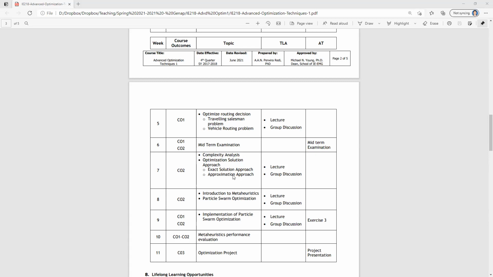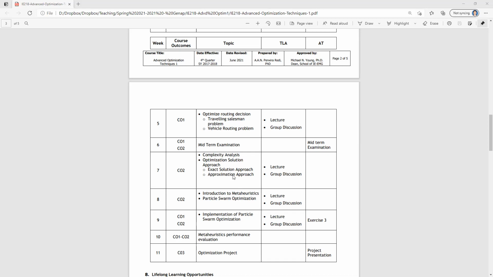So in order to have a nice learning curve, I will start from a very popular one, for example, particle swarm optimization. This meta-heuristic tool is very robust and popular.